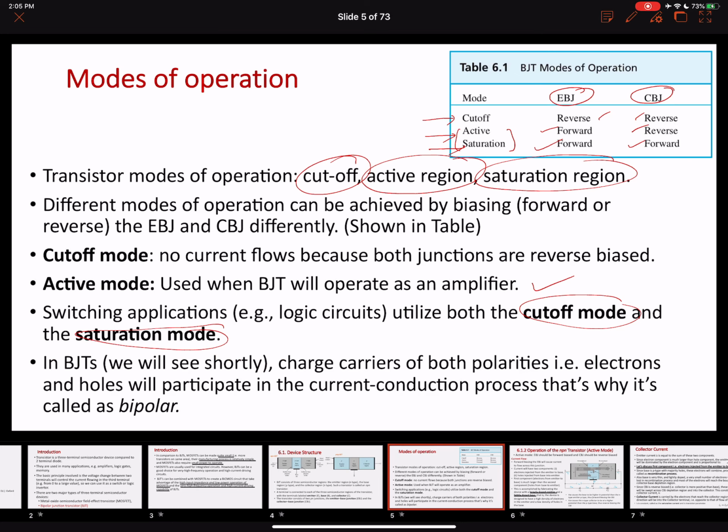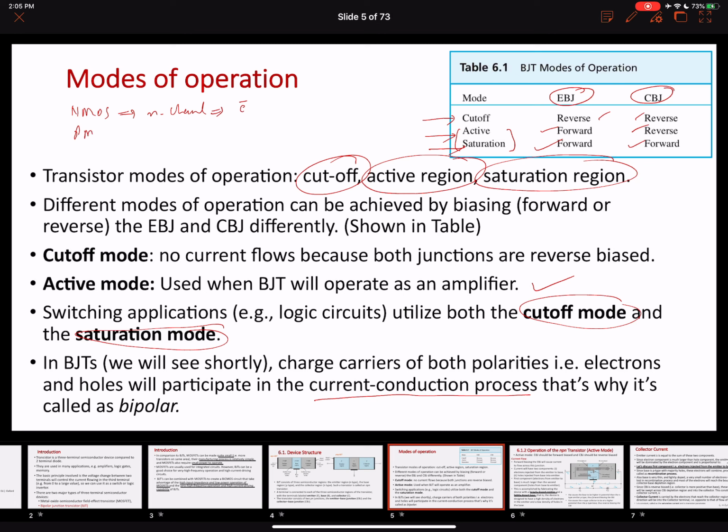Another important distinction between the BJT and the MOSFET, in terms of modes of operation, is the charge carriers involved in the current conduction process. For an NMOS, if you remember, we induced an N channel, and electrons were the majority charge carriers constituting the current conduction.